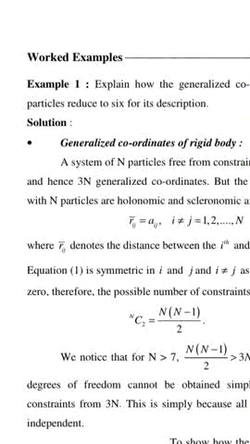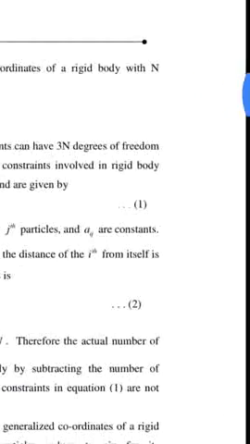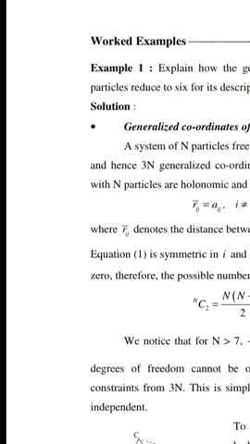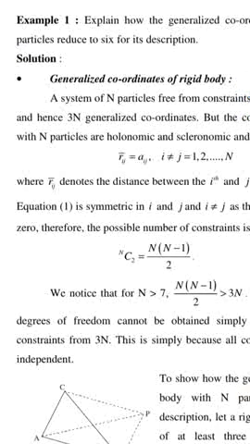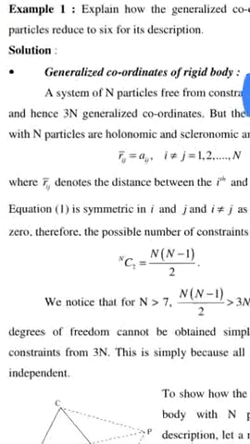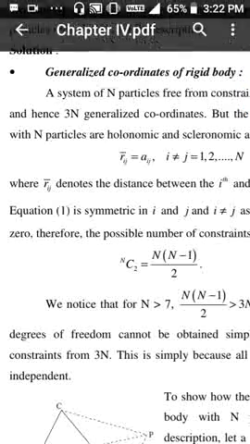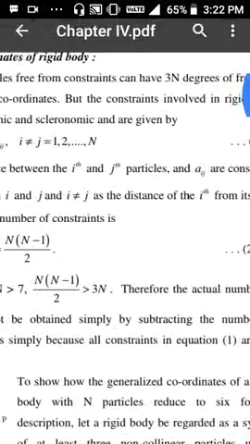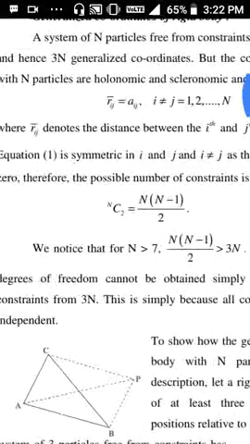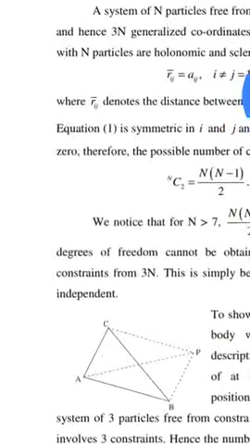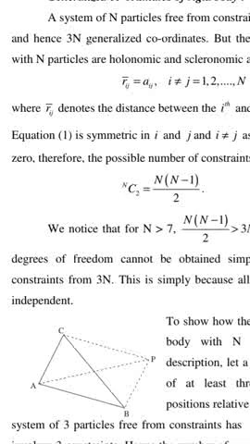First example: explain how the generalized coordinates of a rigid body with n particles reduce to 6 for its description. A system of n particles free from constraint can have 3n degrees of freedom and hence 3n generalized coordinates.